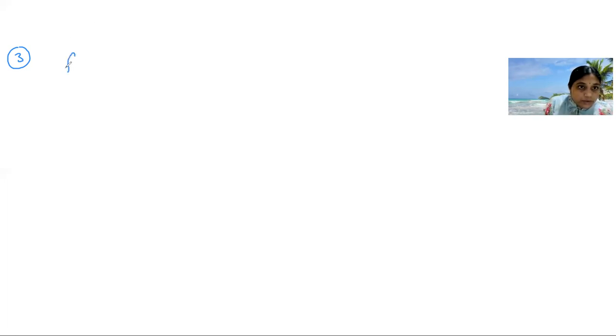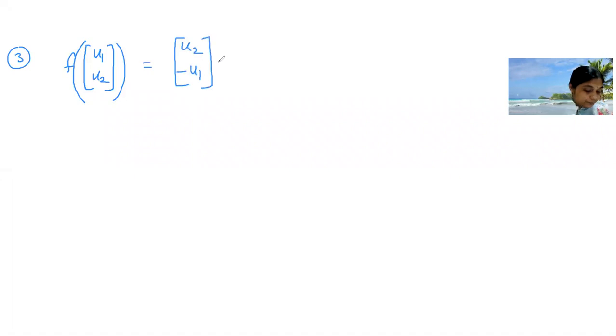Third example, take f of u1 u2 is given to be u2 minus u1. So for a fixed point, what should I have?